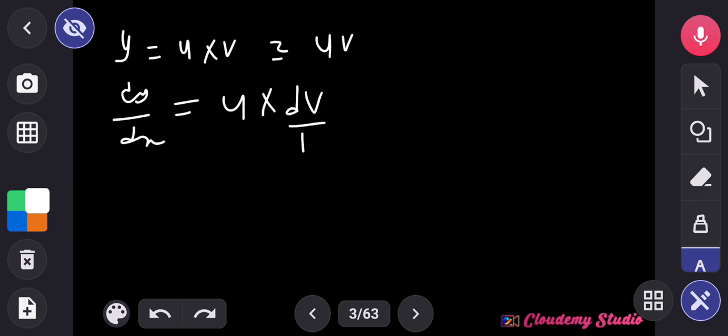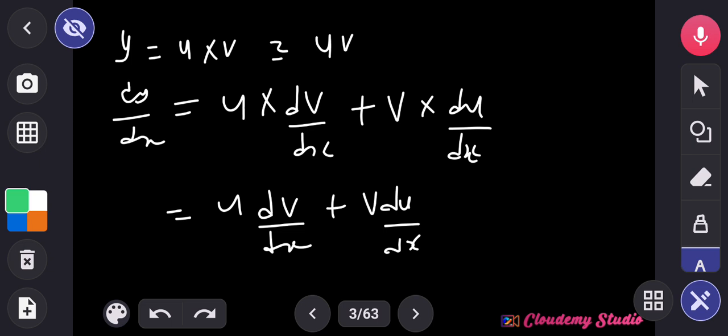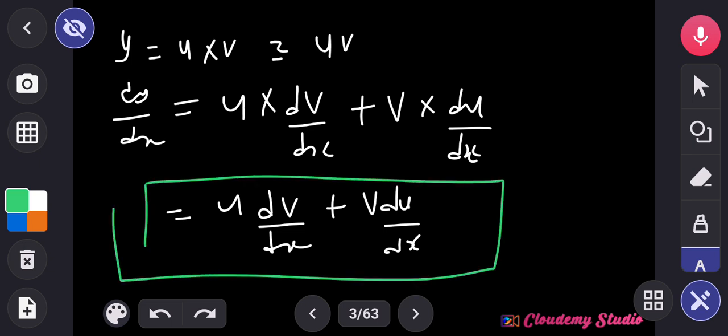If we use the first principle of differentiation, we are going to have dy upon dx equals to u multiplied by dv upon dx plus v multiplied by du upon dx. And in some textbooks, they write it as u dv upon dx plus v du upon dx. So this is the formula that we're going to be using for calculating the product rule of differentiation.